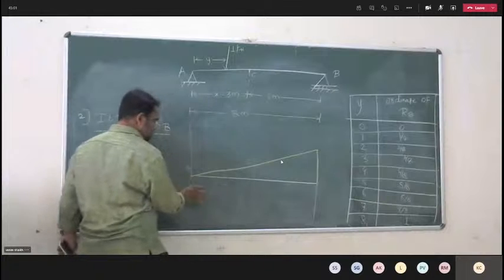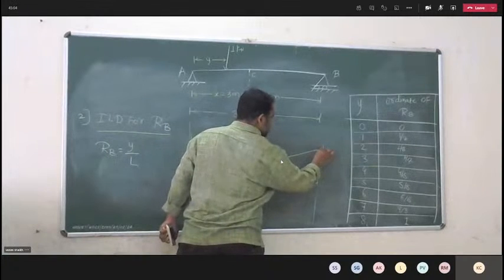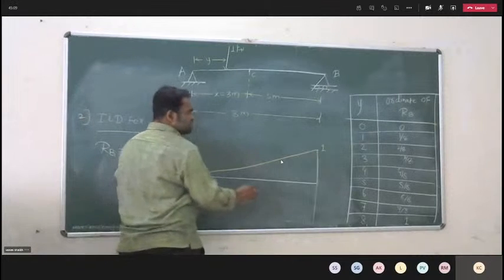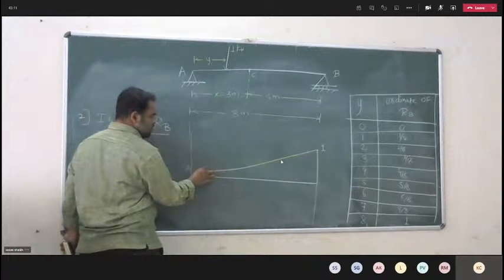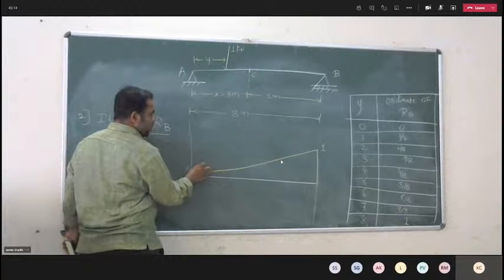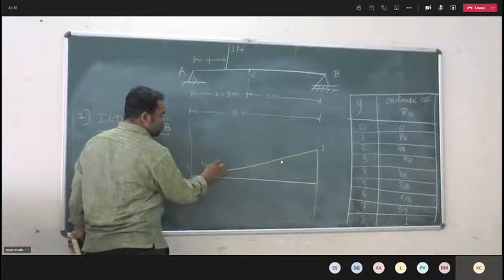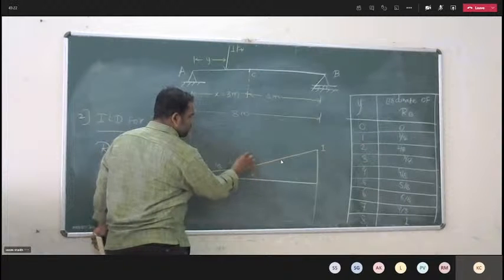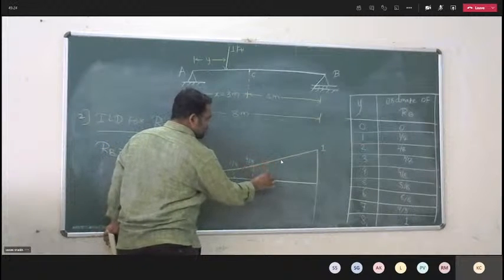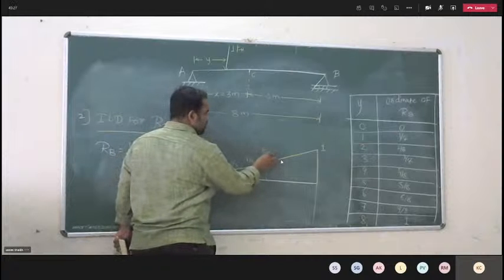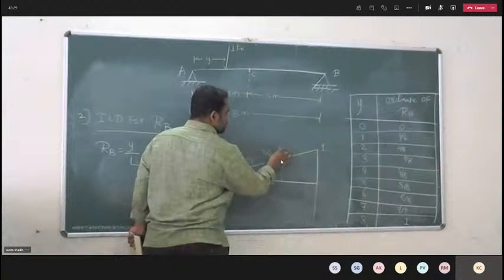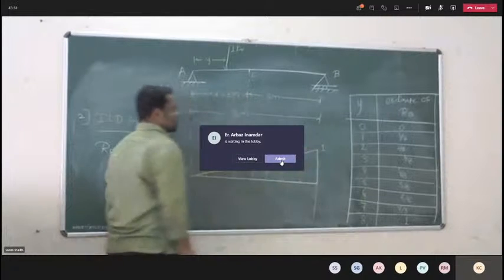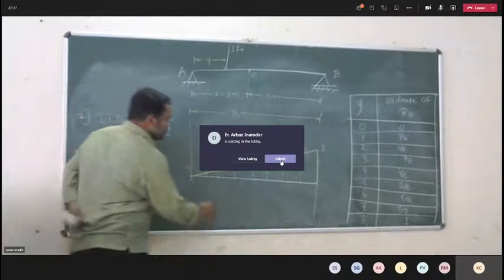Now at a distance 1 meter it is 1 by 8, at 2 meter 2 by 8, at 3 meter 3 by 8, at 4 meter 4 by 8, 5 meter from left support 5 by 8, 6 by 8, 7 by 8, like this. So this is your ILD.